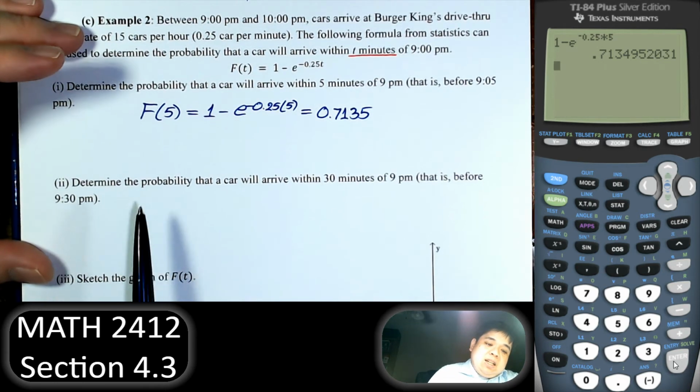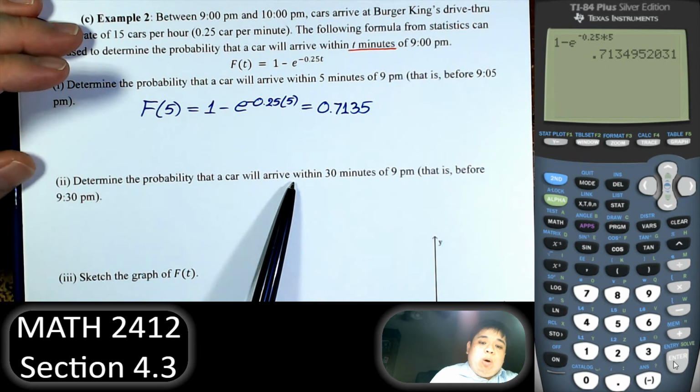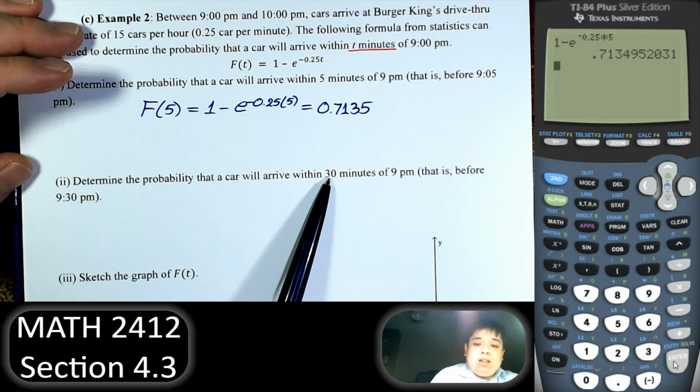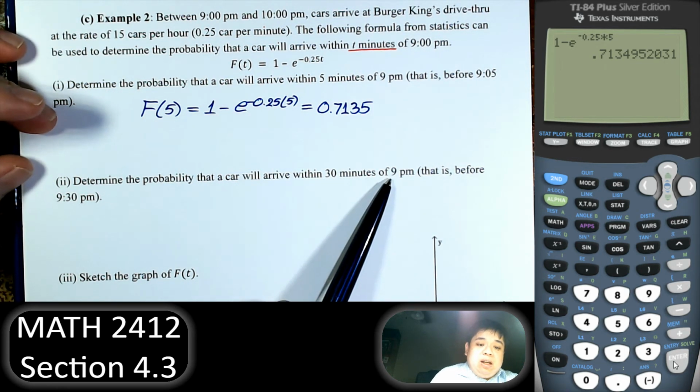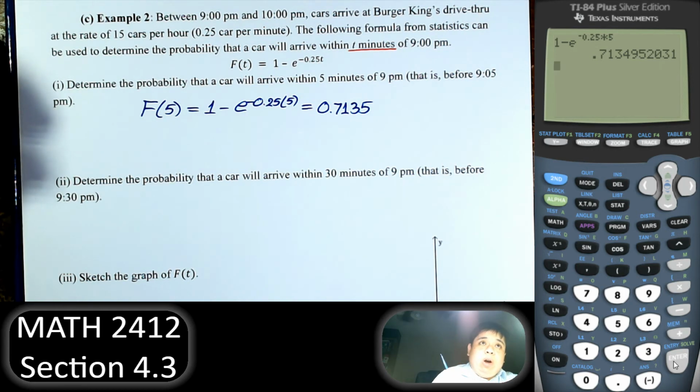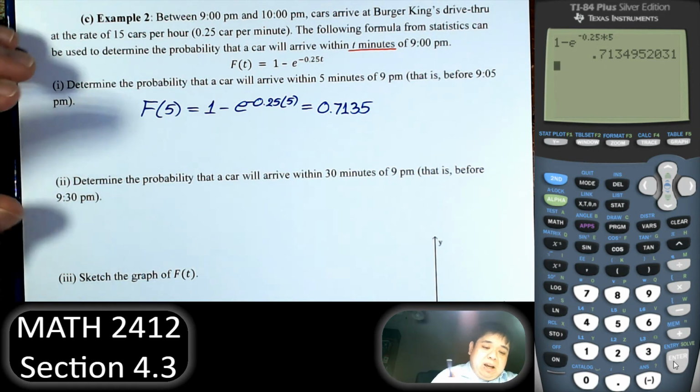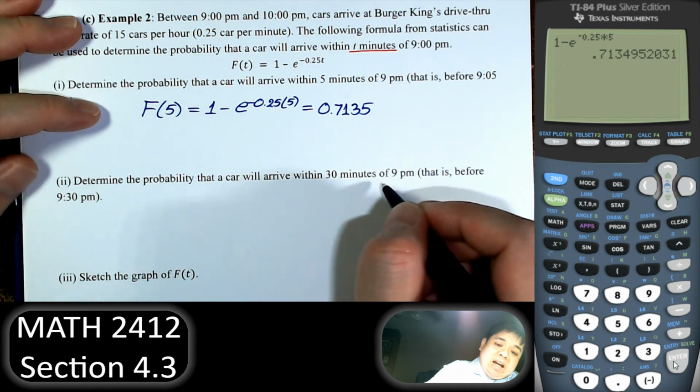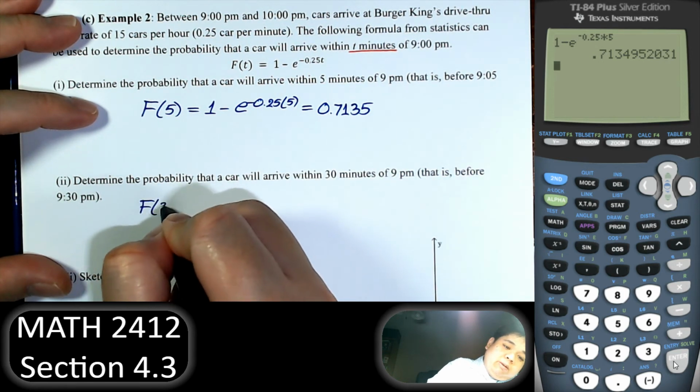Right. Determine the probability that the car will arrive within 30 minutes of 9 p.m. Meaning that the probability that the car will arrive between 9 and 9:30. We're going to put 30 in for t.